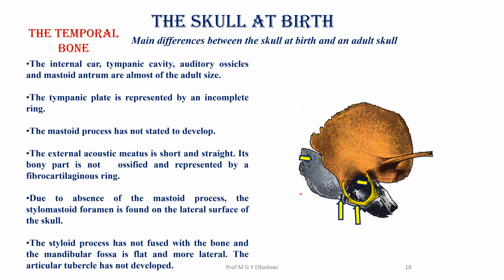And lastly, the styloid process has not fused with the bone, the mandibular fossa is flat and more lateral, and the articular tubercle is not well developed. That's all about some of the differences between the skull at birth and that of the adult.